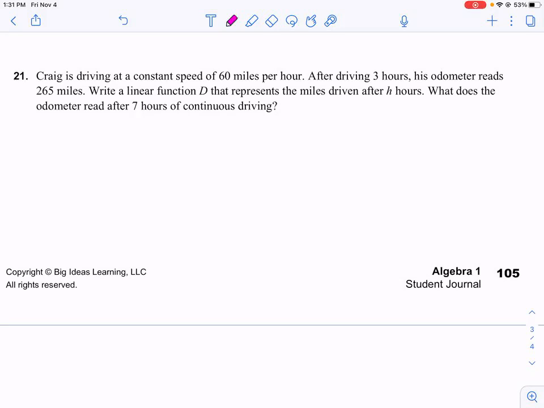Wouldn't it be 180 miles? Okay, 1 mile per minute. First of all, is there a number that correlates to a constant rate of change? Oh, 60.